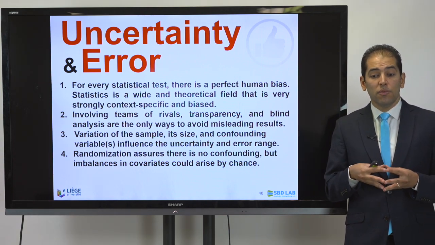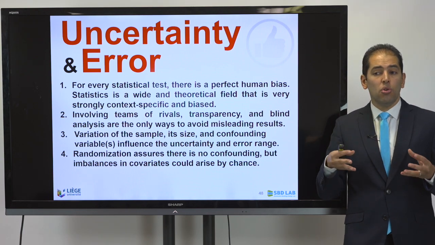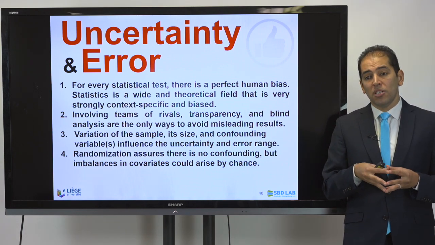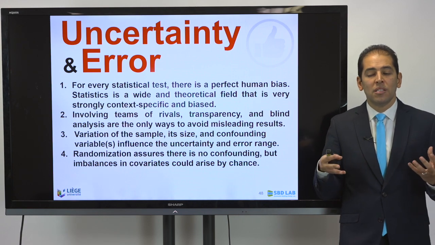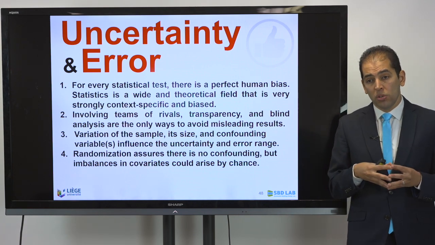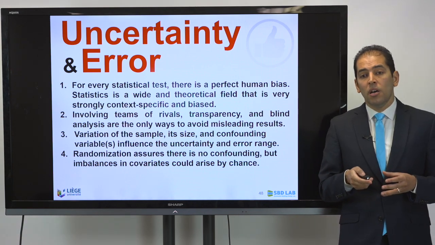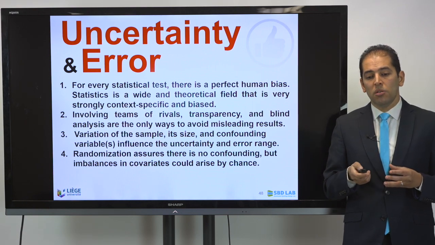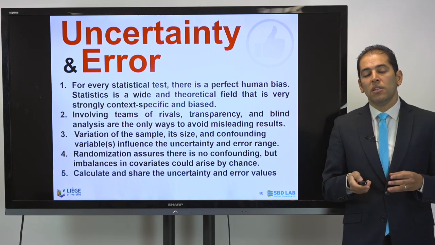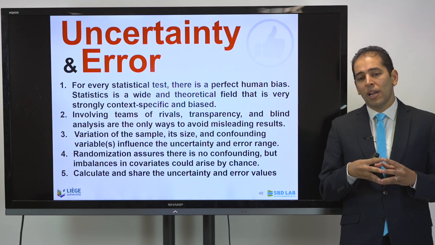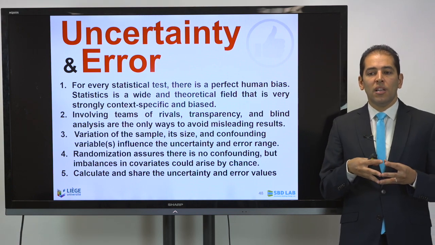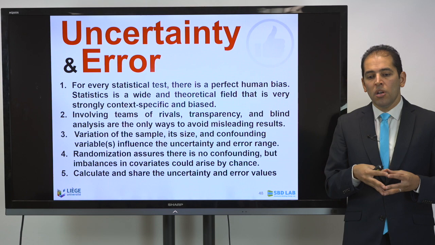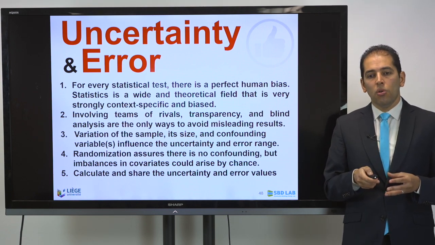And randomization for sure will assure that there is no confounding, and randomization will help you with any imbalances in the covariates that could arise by chance. That's the most important part to take care of in your analysis. And for sure, you need to calculate and share the uncertainty and error values all the time with all members.